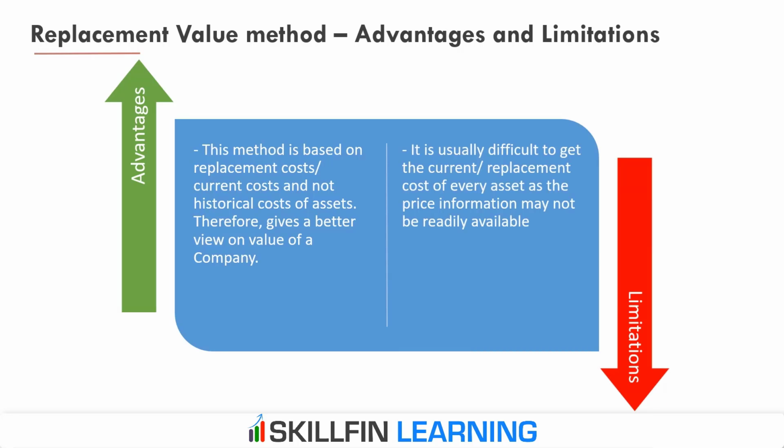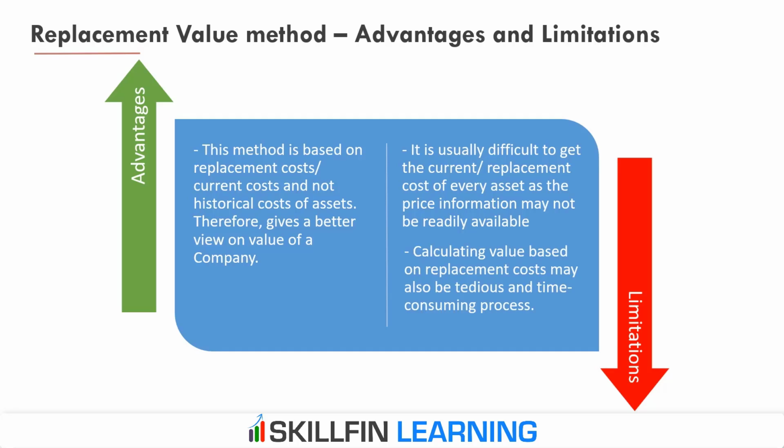The limitation of this method is that it may be difficult to get the current or replacement cost of every asset as the price information may not be readily available. Calculating the value based on replacement cost may also be a tedious and time consuming process.